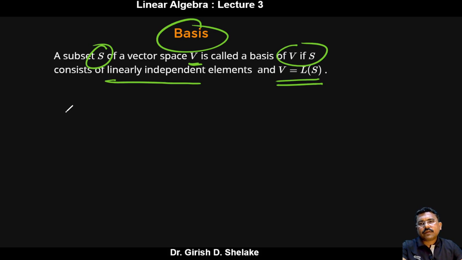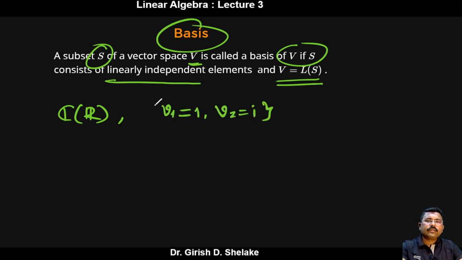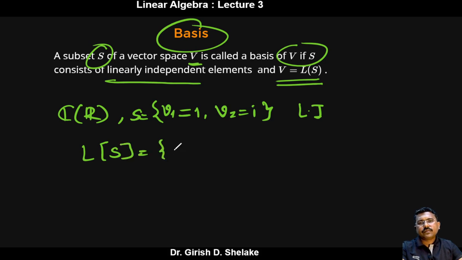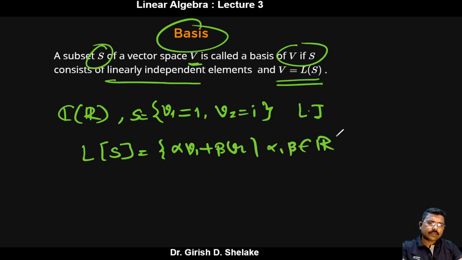For example, consider the vector space C over R, and particularly choose the vectors v1 equal to 1 and v2 equal to i. Then we know that this set is linearly independent, and if we consider its span, suppose we call the set S, then the span of S is alpha v1 plus beta v2, such that alpha and beta are real numbers.